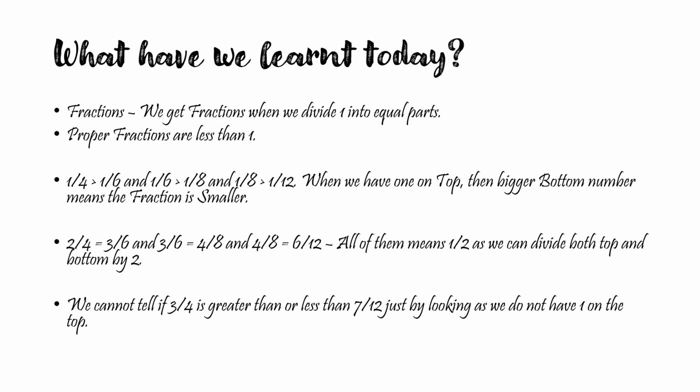We can divide both the top and the bottom by 2. Then the top becomes 1. After this, we can find out whether the bottom is bigger or lesser. We cannot tell 3 by 4 is greater than or less than 7 by 12 just by looking, as we do not have 1 on the top.